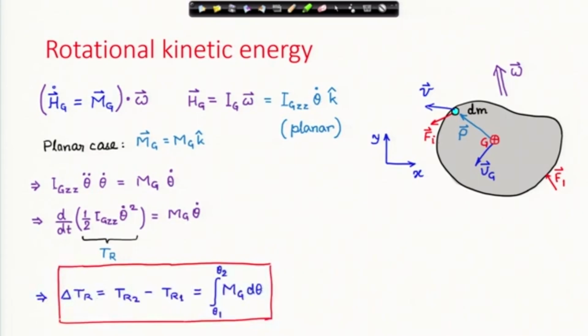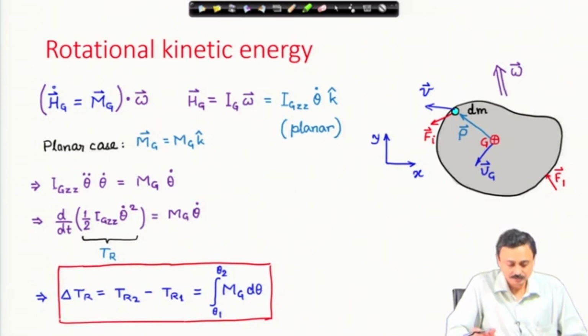Therefore, the rate of change of the rotational kinetic energy is equal to moment times the angular velocity. Hence, the change in the rotational kinetic energy is equal to the work done by all forces and maybe couple moments in changing the orientation of the body. It goes from state 1 to state 2, and that changes the rotational kinetic energy.